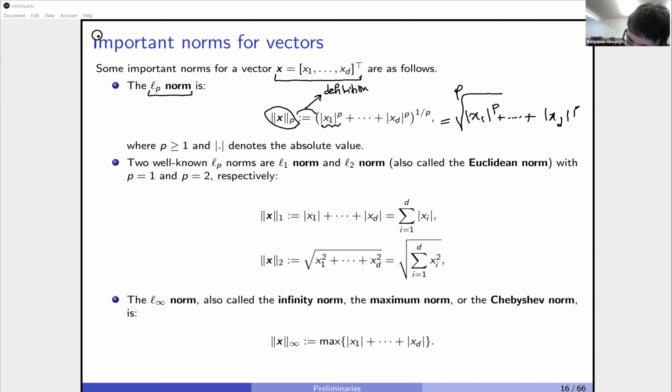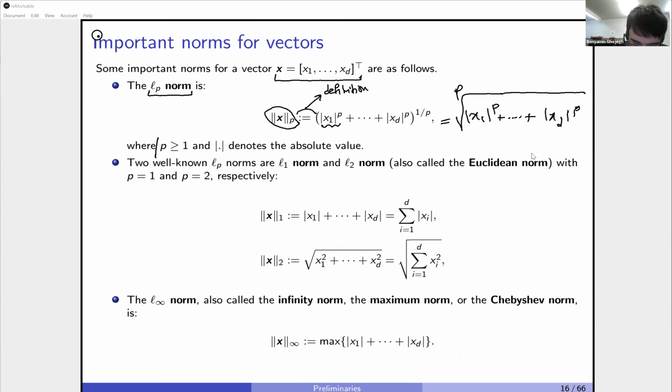Yes, it is another way to represent this expression, right? So you have the pth root of this. So this, I think, answers your question. Who asked the question of what the LP norm is? This is the LP norm, right?